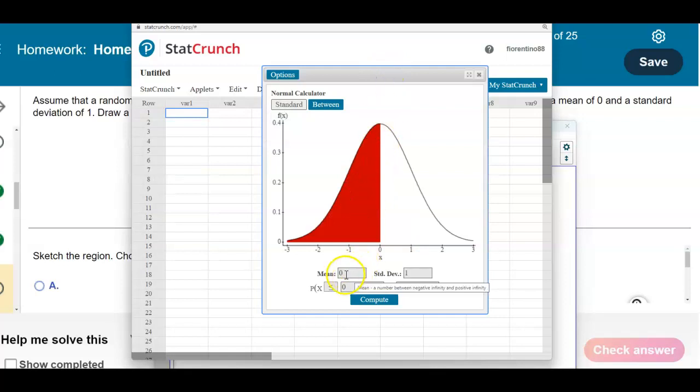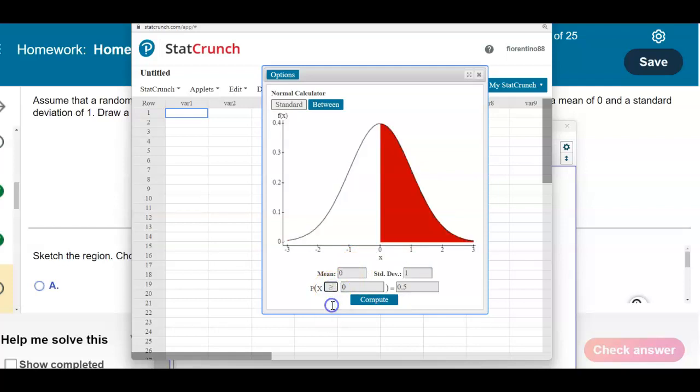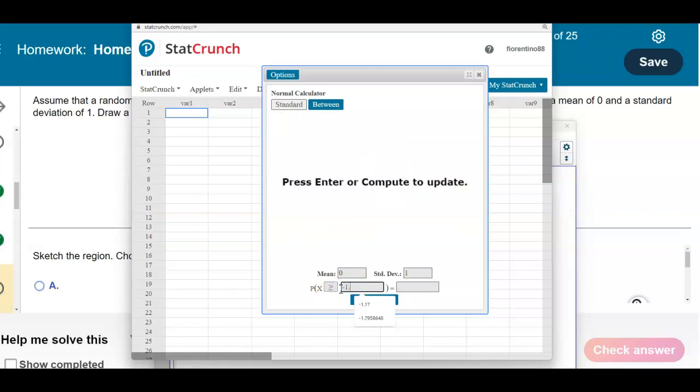Our mean is 0 and our standard deviation is 1 because we're dealing with the standard normal distribution. We change the inequality symbol to greater than, enter the z-score of negative 1.51, and then select compute.